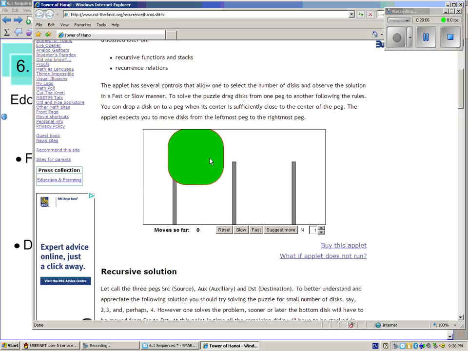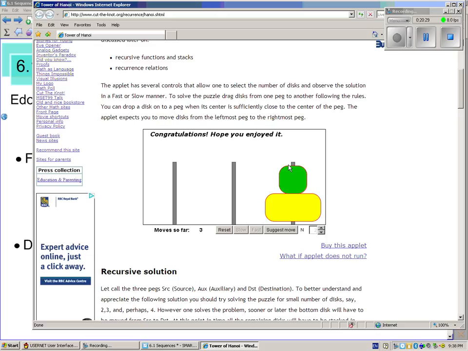How many moves does it take? Well, except for the fact it doesn't want me to move it. It's too fat for some reason, but let's just do that. How many moves? One. You move it from the left to the right. You can say any idiot can do that. Okay, how many moves does it take to move two? It takes one to go here, two to go here, and one more gives me three.